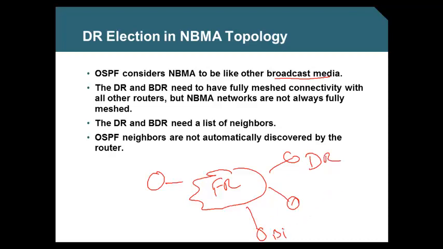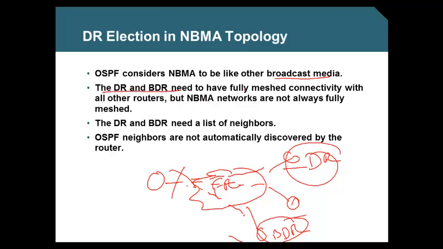Now in that case, if I have hub and spoke, the DR BDR is useless. You see, if the hub goes down, there will not be any connection between these three routers. What is the point of having this DR and BDR? That's why they are saying the DR BDR needs to have full mesh connectivity. If you have full connection like this, as well as like this, as well as like this, then the DR BDR is useful.